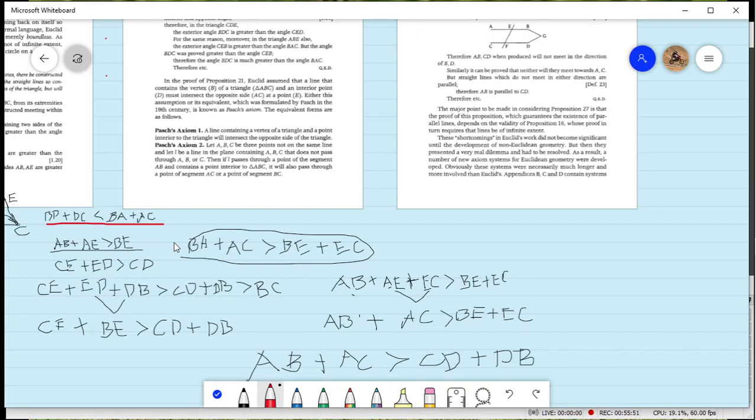So the first part of the proof, the proposition, is proven.